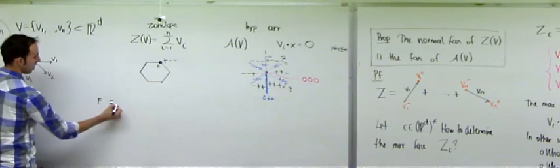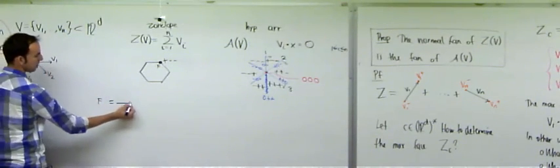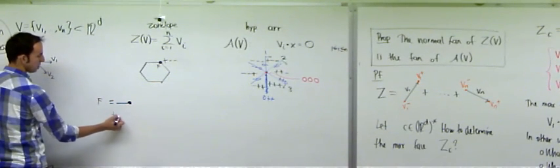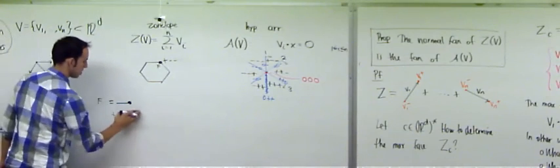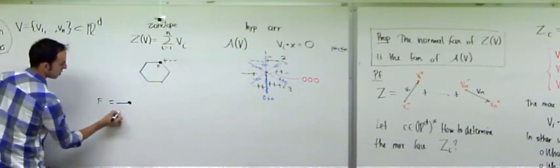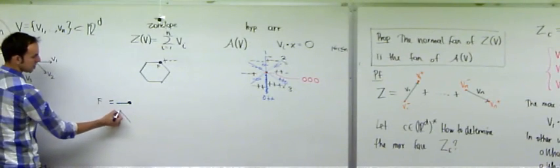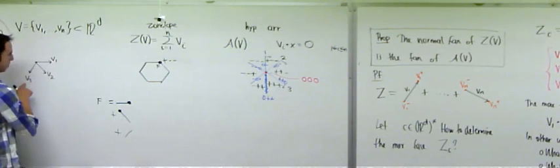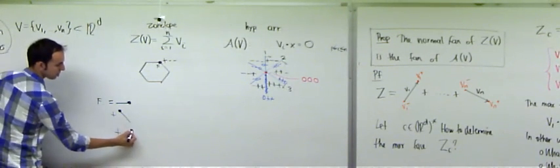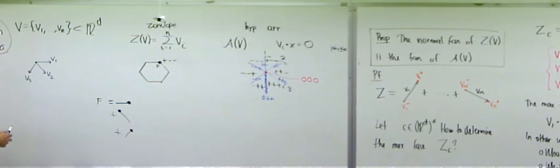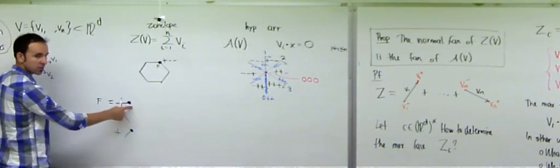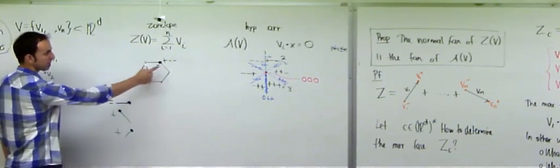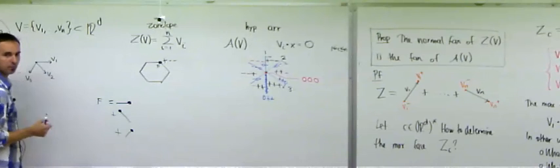F is the Minkowski sum of, in V1, choosing the plus, in V2, we choose the minus, and in V3, we choose the minus. And if you do the Minkowski sum of the plus face of V1, the minus face of V2, and the minus face of V3, and if you do it carefully, you're going to see that that's exactly where you're pointing. Okay.